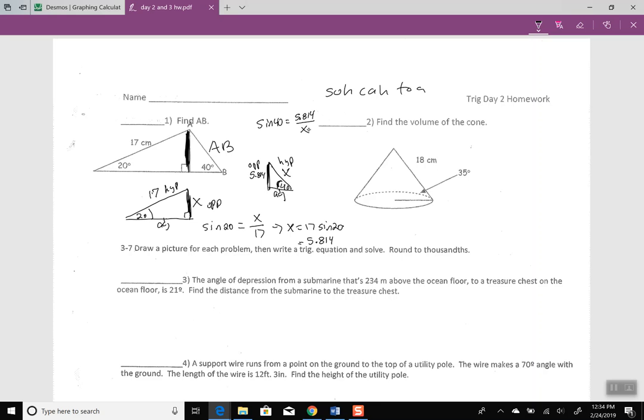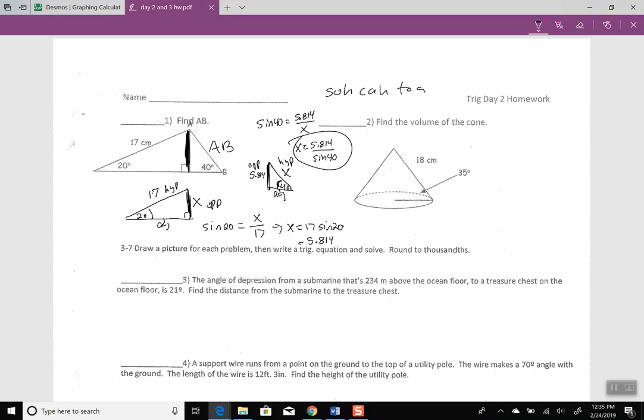Solve for this one. You can cross multiply or multiply by x on both sides, divide by the sine of 40, or just know our shortcut is to flip the x and the sine of 40. So x would be equal to 5.814 divided by the sine of 40 degrees, and that's something that could be done on the calculator. So that's what length AB is.